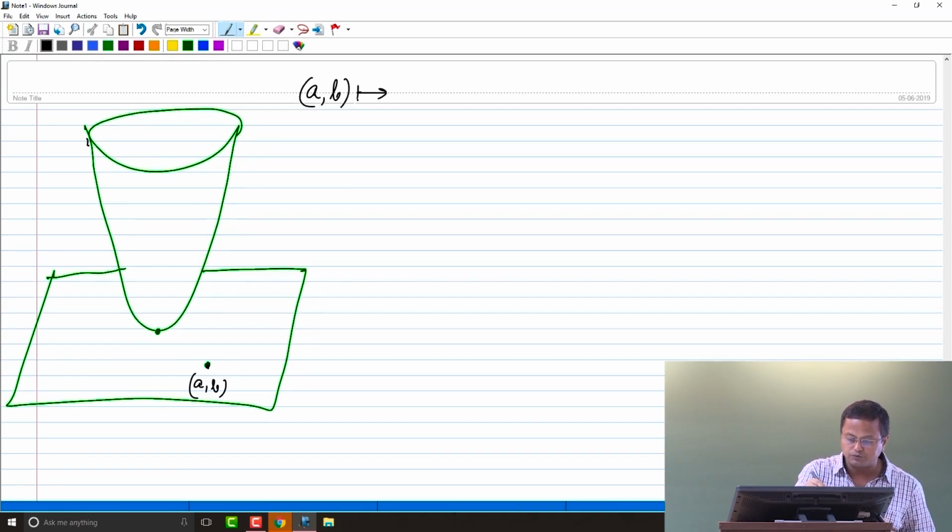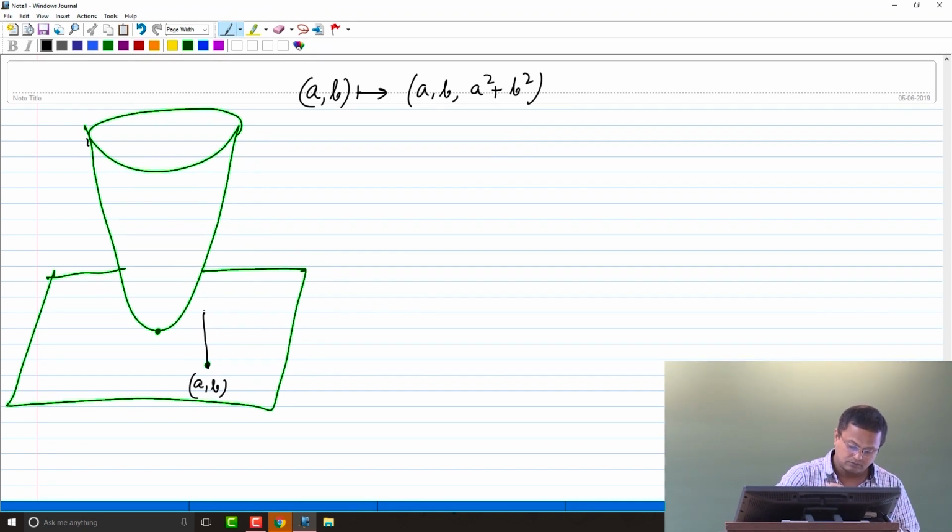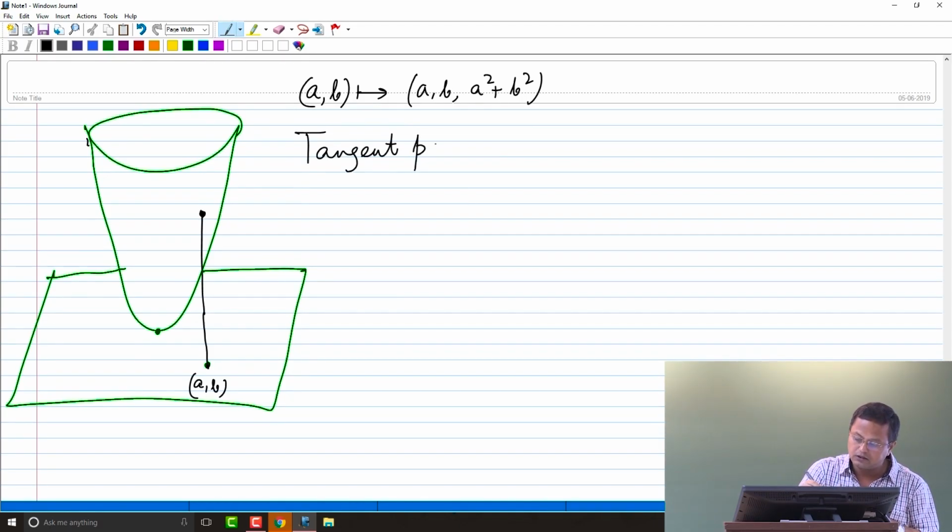So, (a, b) goes to this, which is somewhere on the surface. I am first interested in the... remember L is my paraboloid.